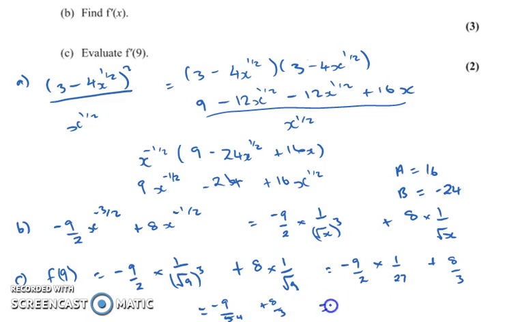This simplifies to minus 1 over 6, add 8 over 3, and simplifies again to minus 1 over 6, add 16 over 6, which is 15 over 6, or 2.5.